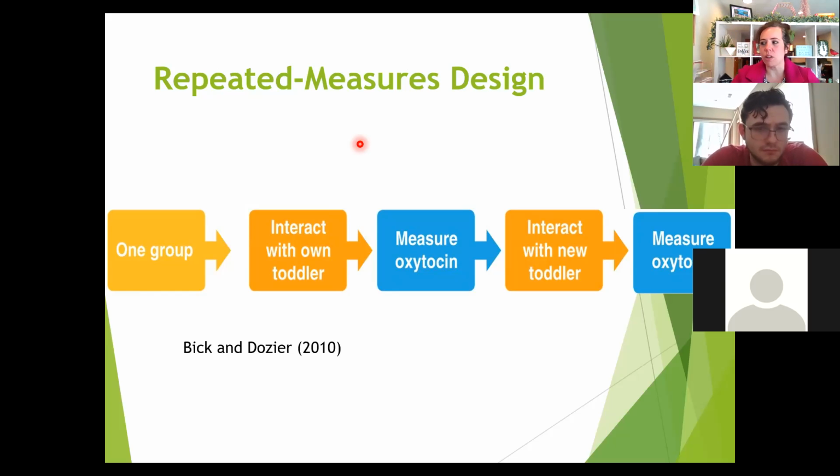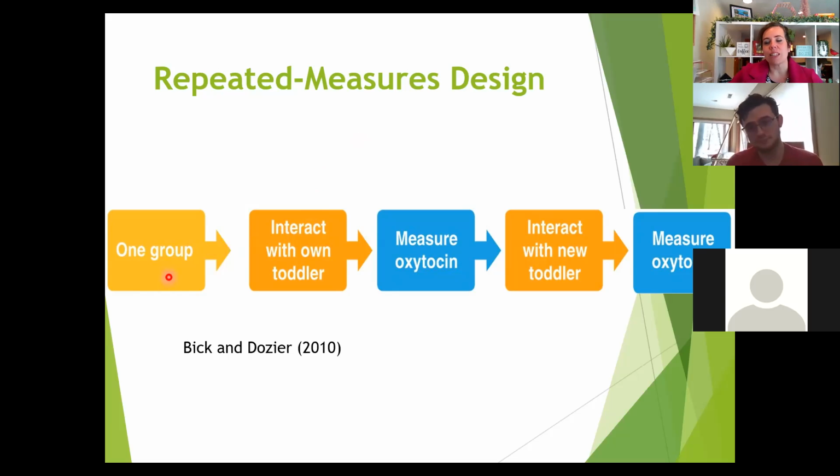Oxytocin is the hormone that is known to play a large role in social bonding and the experience of love and connectedness. So the question was, do you release more of that for your own child, your kin, so to speak, or do you do that with a child that is less known to you, a new toddler?